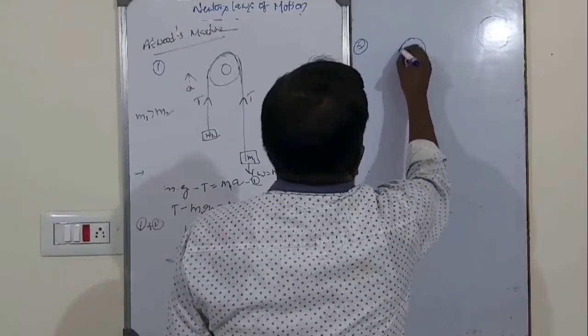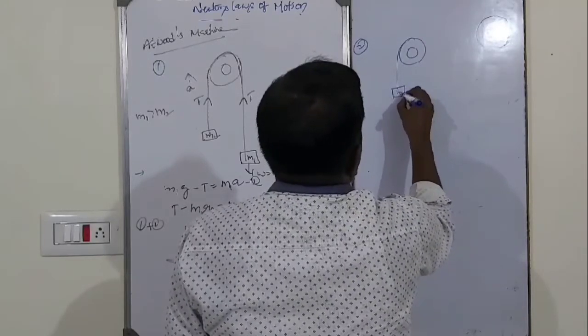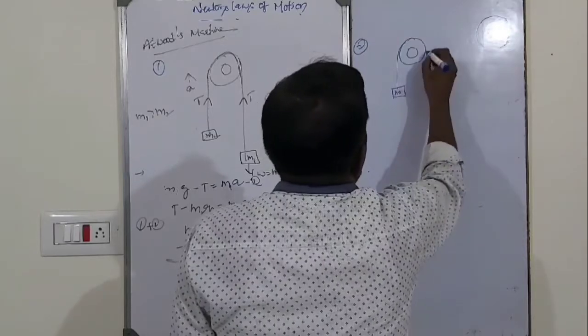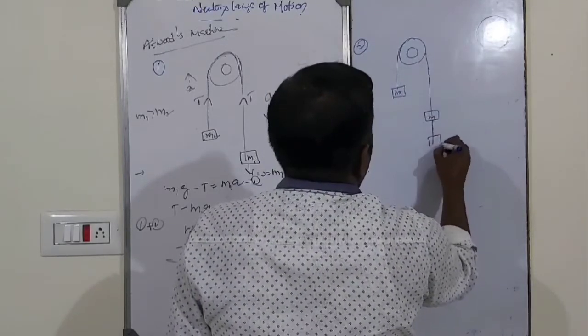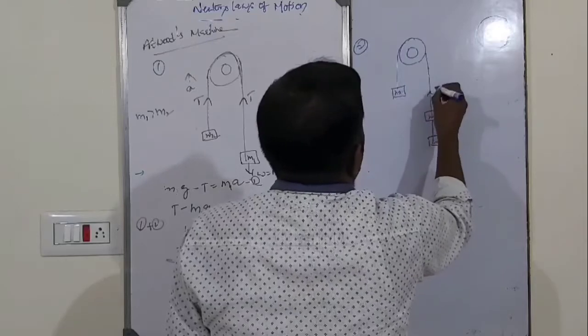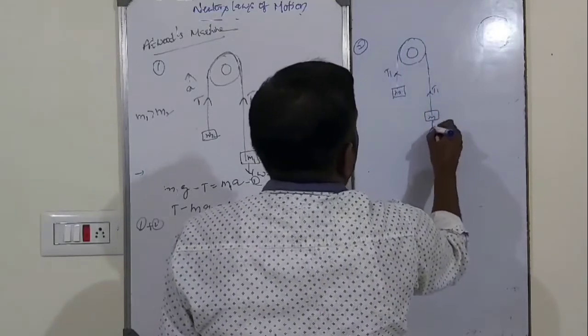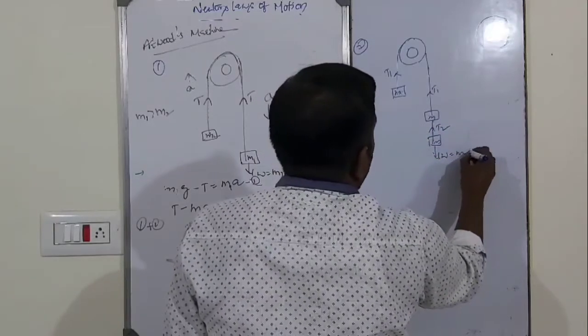three massive bodies, I will take each as mass m. This is tension T1, this is also T1, this is the tension T2.